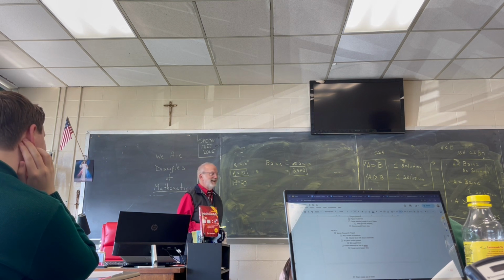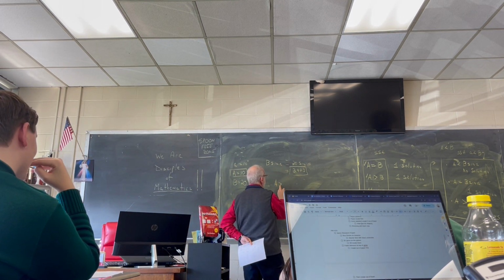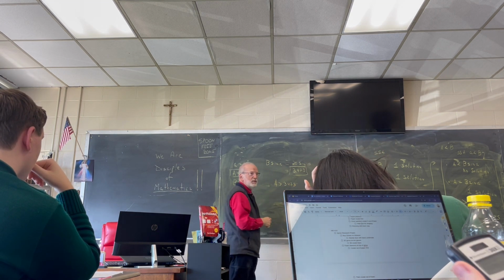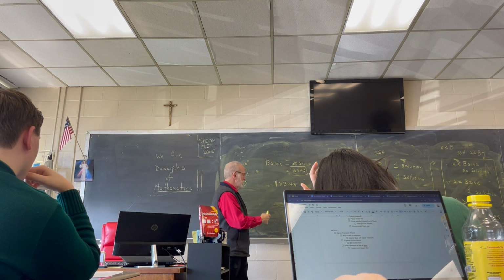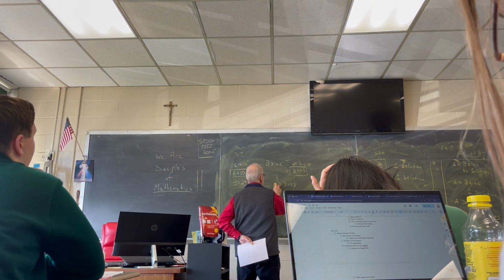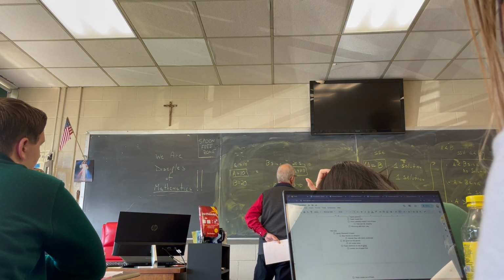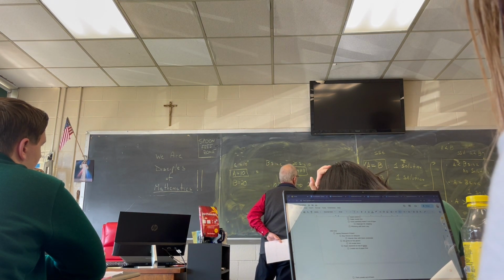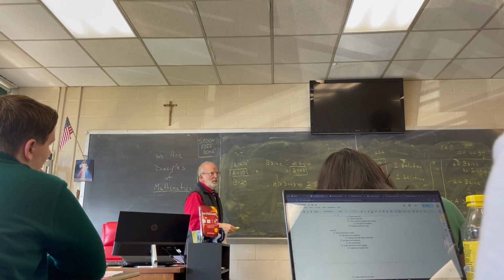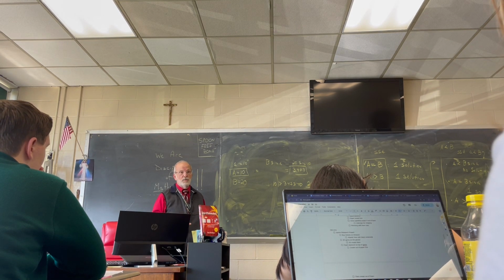So A is greater than 3.473, correct? 10 is greater than that, so we just change this to 10. So that implies that there are two solutions. So now you know you must find two solutions.